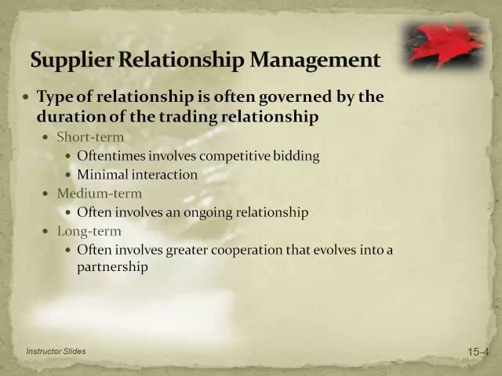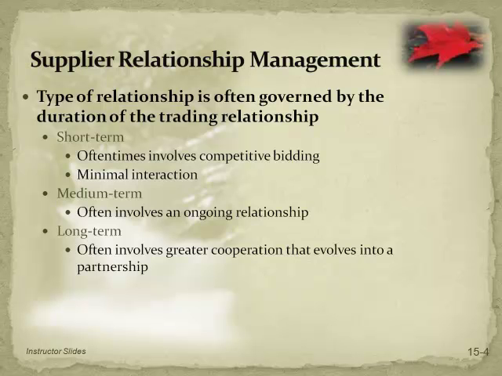In a short-term relationship, we have very minimal interactions with them. Most likely we would not do an audit. Most likely we would not certify them. Another type of relationship that we could have with a supplier is a medium-term relationship where we do have some interaction, maybe some visits, but not a great deal.